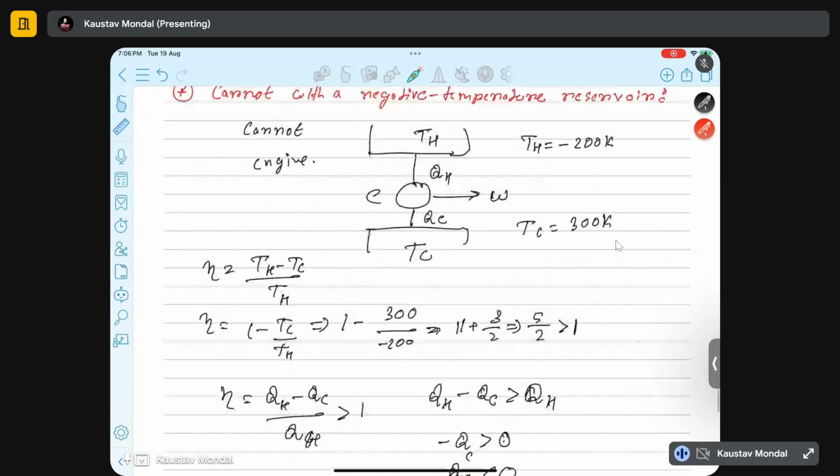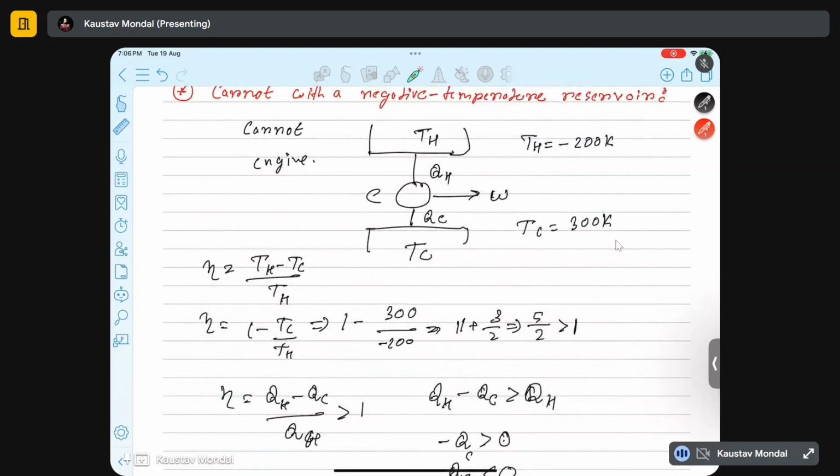Basically heat is input into the hot thing and heat is out from the cold thing. The heat is flowing like this. So the system basically does work without rejecting heat to the colder side. Okay.